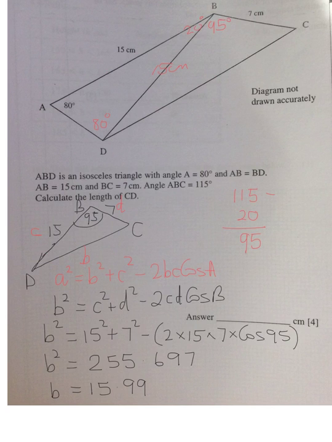So I went ahead and put that into my calculator and got 255.697. Square root to find the answer for b. So if b squared is that, then the square root would give us 15.99. And at that point you will do whatever rounding is necessary. Notice that in the question it doesn't say anything about rounding. So normally the standard practice is that you round to 3 significant figures.